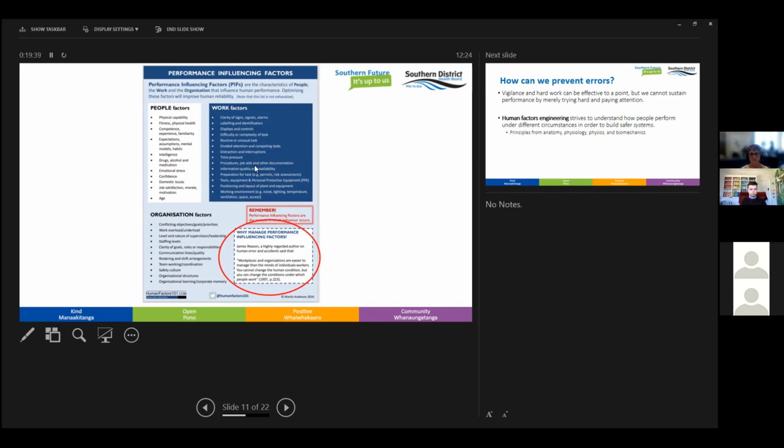But we really struggle to find commitment to implement some of those things in clinical areas. So I think for me, there's potentially a lost opportunity to take up some of the stuff that could have affected this. That said, it's never too late. So we do have those opportunities. And if we want to look at change moving forward, James Reason talked about workplaces and organisations being easier to manage than the minds of the individual workers.